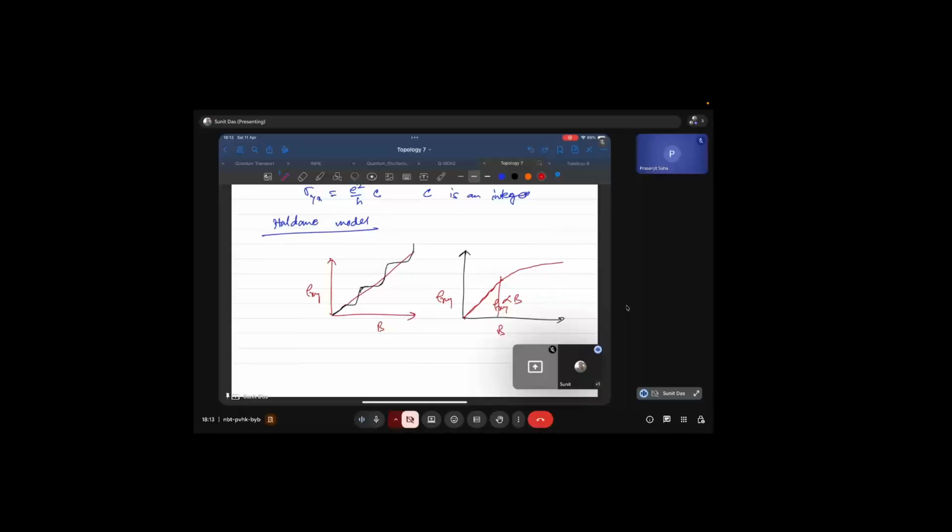Once you decrease the magnetic field, what really happens is that it actually doesn't go to zero. Instead of going back along this path, it follows something like this. It will come back and then end up somewhere here. So you are getting rho xy at B equal to 0 that is not equal to 0, some finite transverse resistivity.